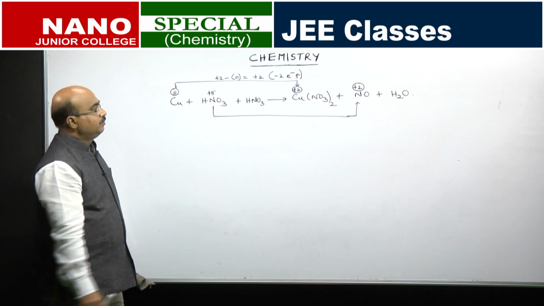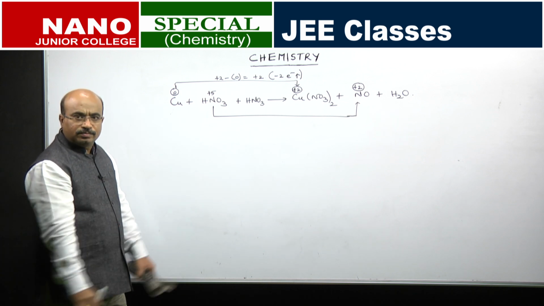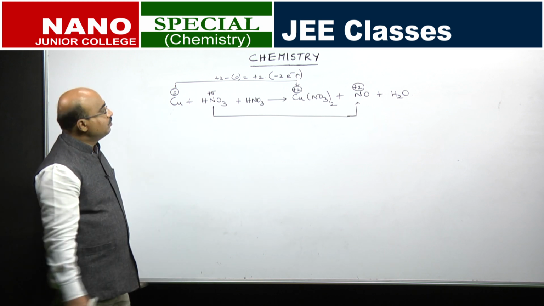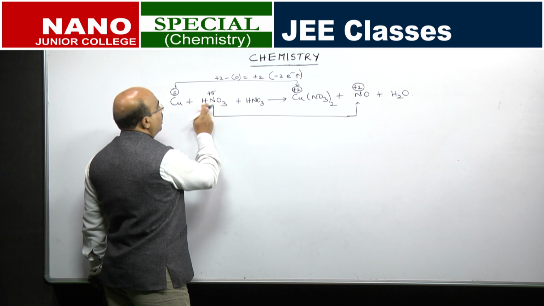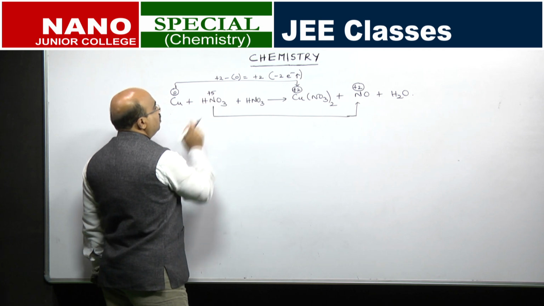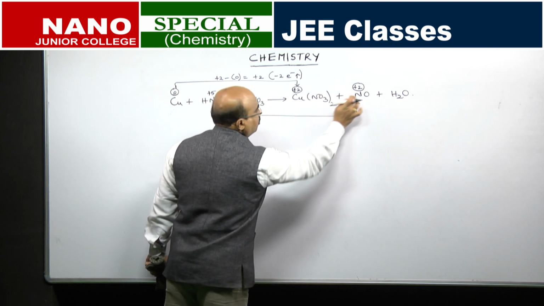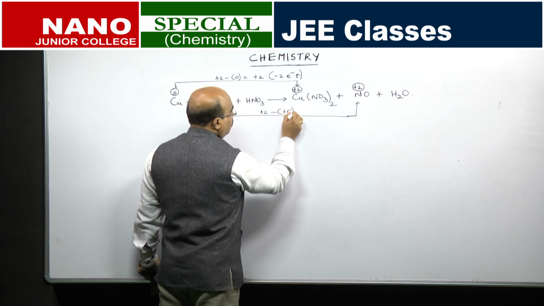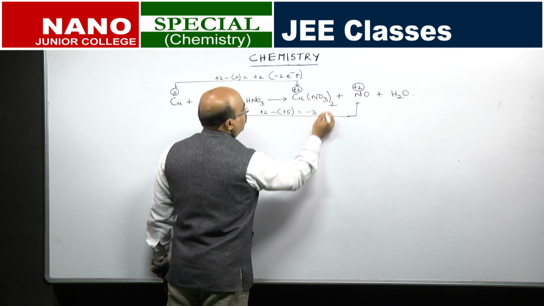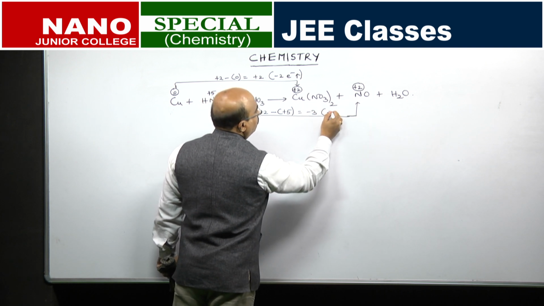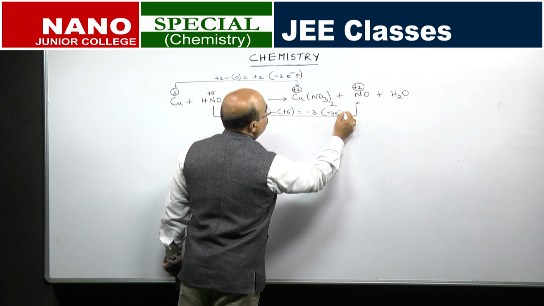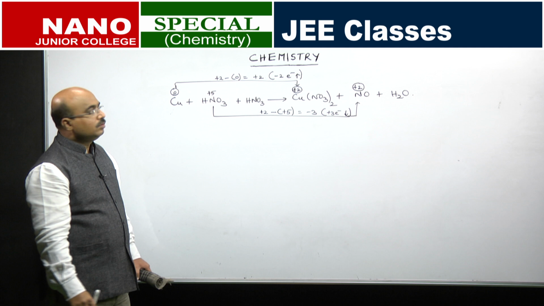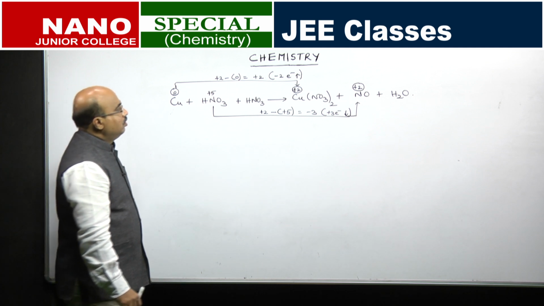Increase is loss, decrease is gain, because when electrons are gained charges will decrease. Here one nitrogen in one molecule should be converted to plus 2. So, plus 2 minus plus 5 is equal to minus 3. So, there are 3 electrons gained. So, how to make it equal?